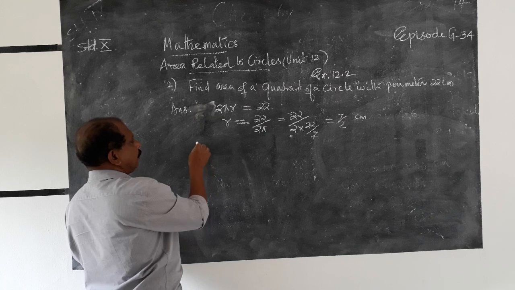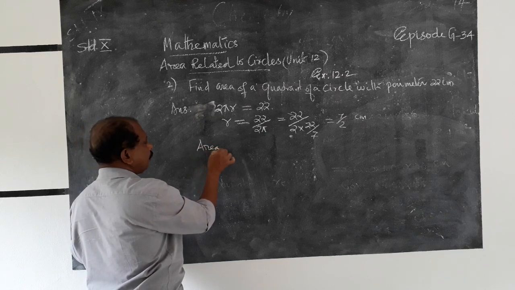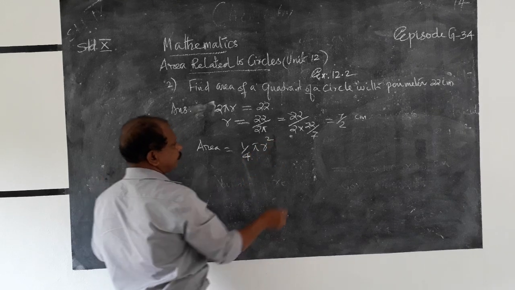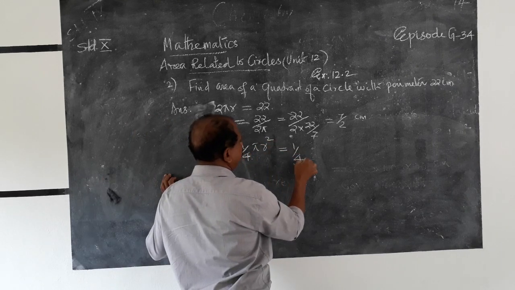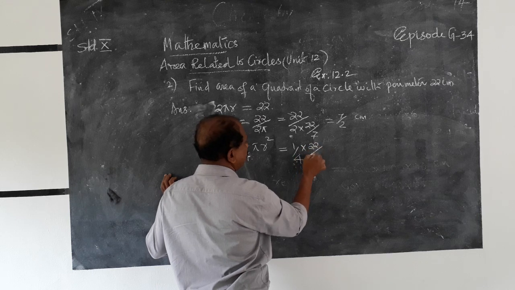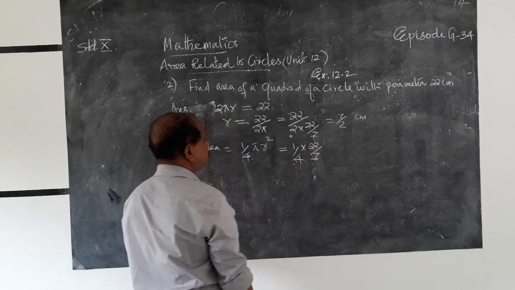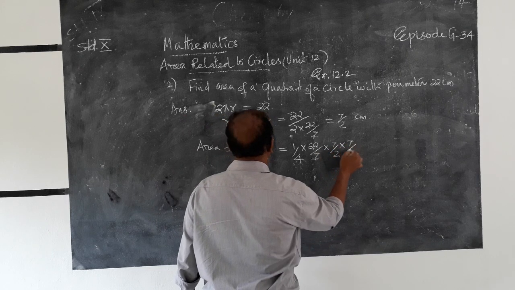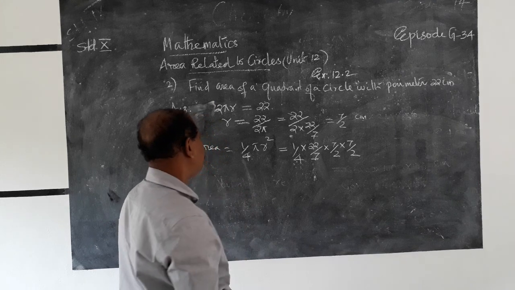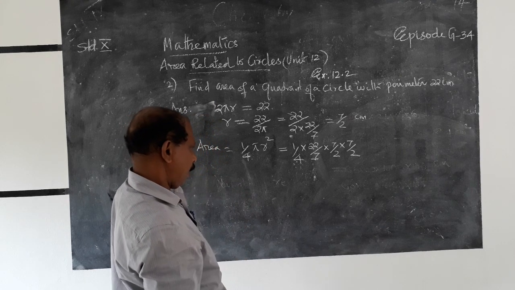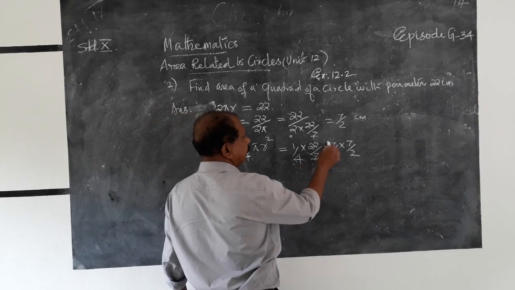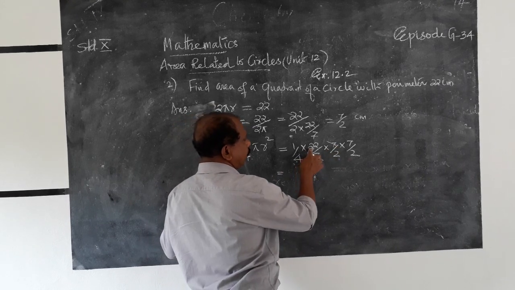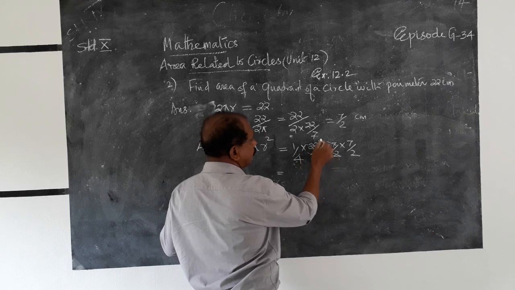Then area is 1 by 4 pi r square, equal to 1 by 4 into 22 by 7 into 7 by 2 into 7 by 2. 7 cancels, we get 2. 22 and 2 cancels, we get 11.